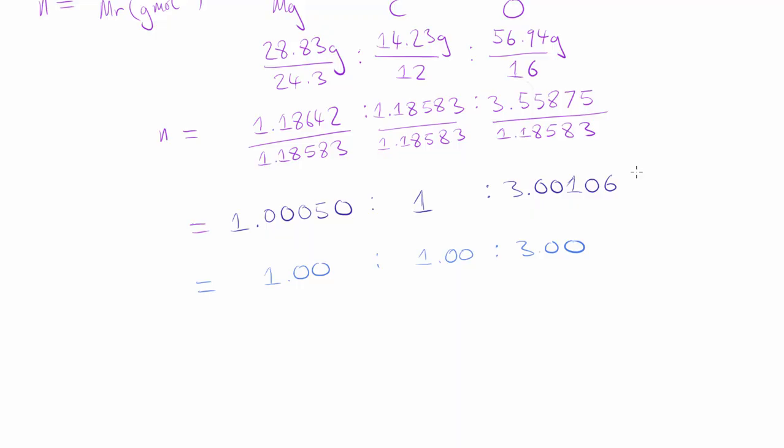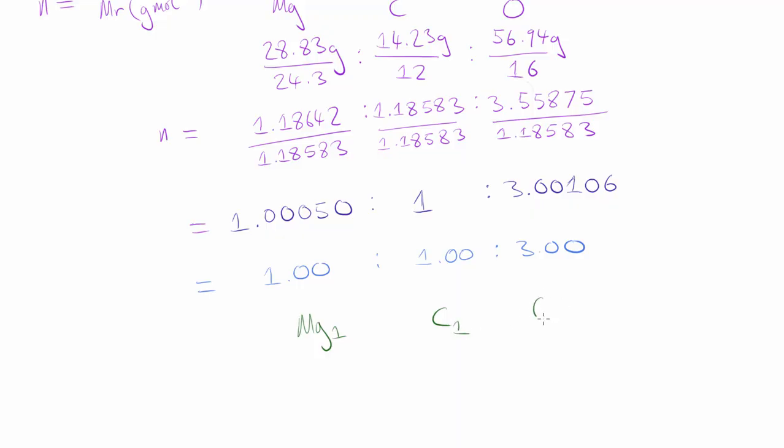At this stage we ask ourselves, is this the simplest whole number ratio that we can achieve in this formula? Reasonably, the answer is yes. So what we can conclude is that for magnesium, the number would be a 1. For carbon, again, it would be a 1.